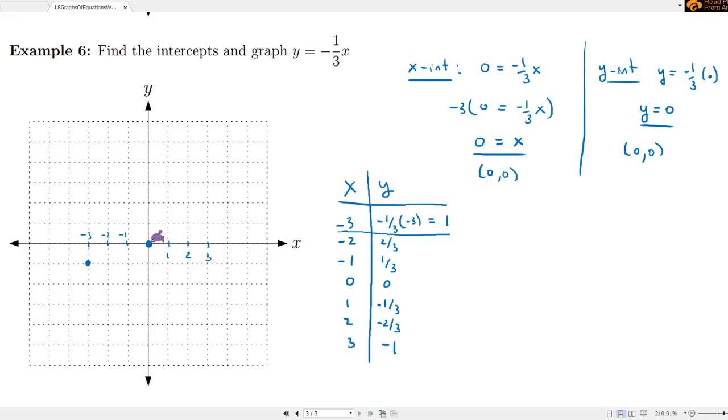Okay, so -2, 2/3, and then, oh sorry, I plotted that point wrong. So -3, 1 is going to be where? So -3, but then +1, right? Is right here. So -3, +1.